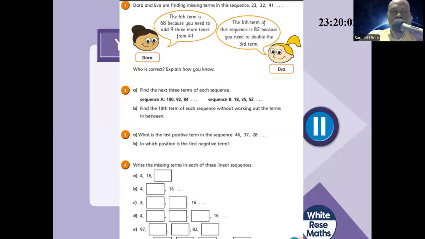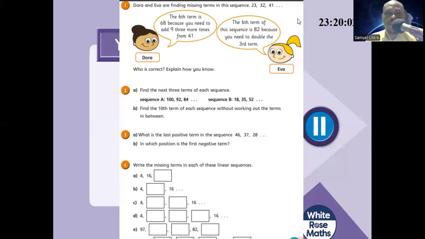Okay, let's look at the answers. So here for the first one, we've been asked, Dora and Eva are finding missing terms in the sequence 23, 32, and 41. We've been asked to check who is correct.